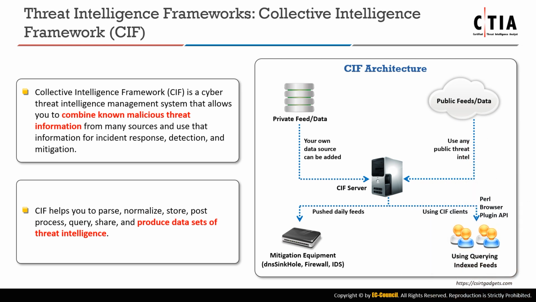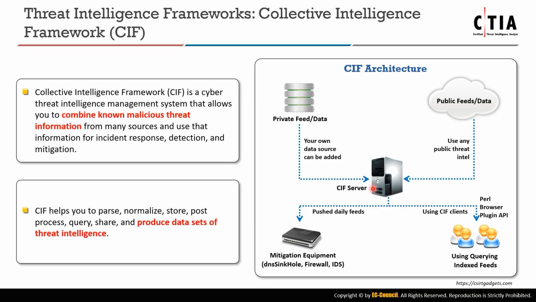If you look at the little architecture that we see here, we have public data feeds. Let me go grab a laser pointer here. So we have public data feeds. We use any public threat intel, and your CIF architecture can use it. We have private data feeds. You have your own data sources, and your CIF server can use it.